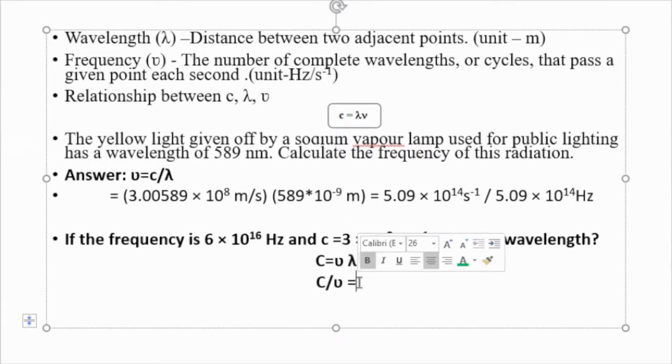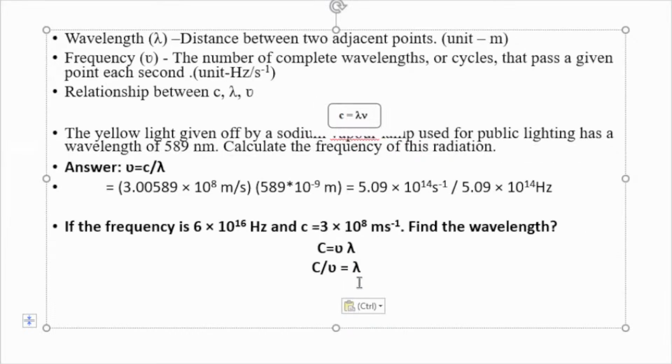Those who can't understand up to this point, raise your hand, please. Then you need to substitute. C is 3 into 10 to the power plus 8.